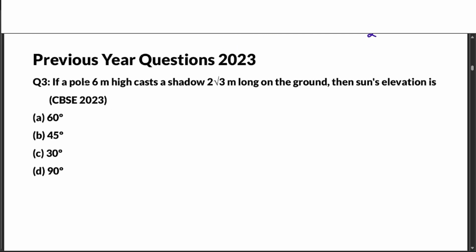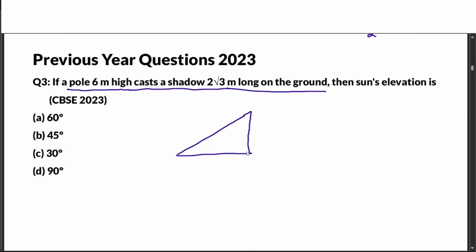Now it is saying in this question, a pole of 6-meter height casts a shadow of 2√3 meter long on the ground, and basically you have to find the elevation angle of the sun. So first we have to draw the triangle.